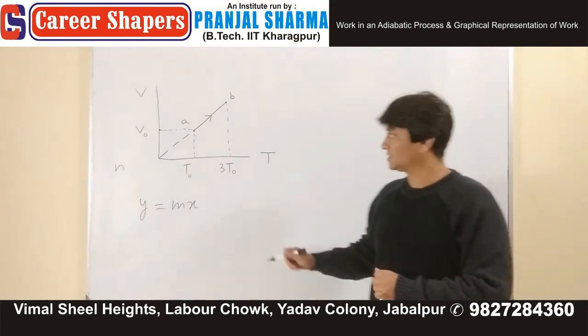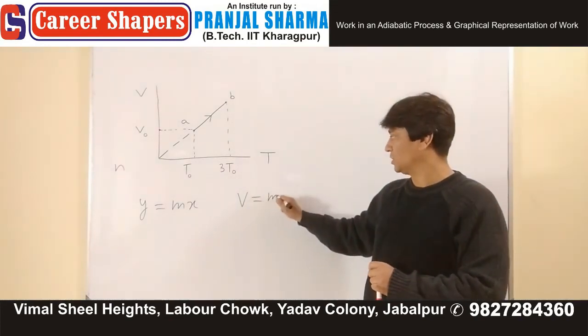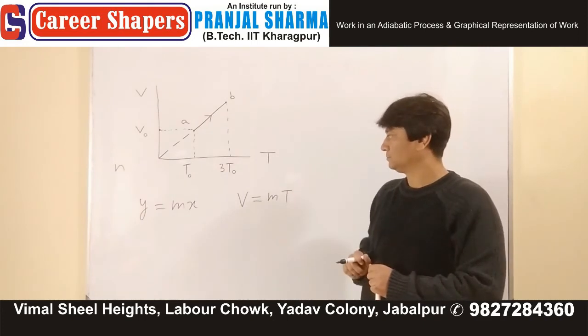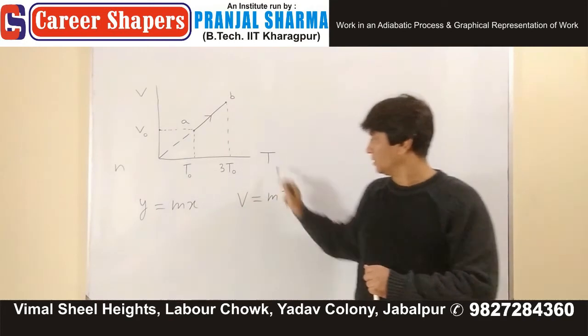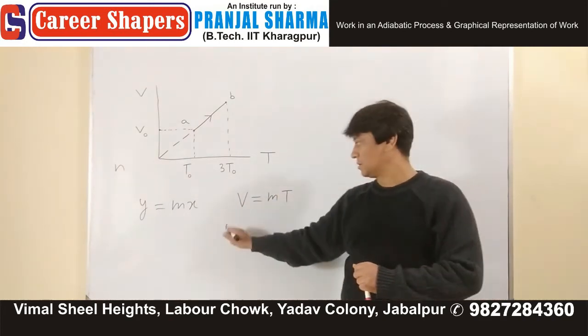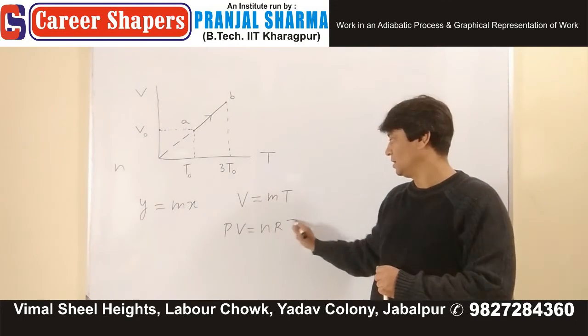Let's be fast. The graph is between V and T. Let's call it V equals mT. But PV is nRT.